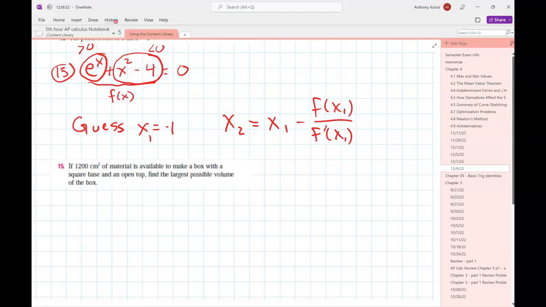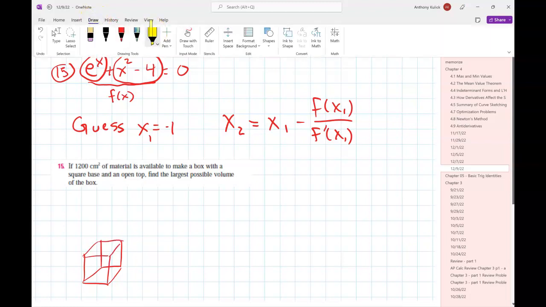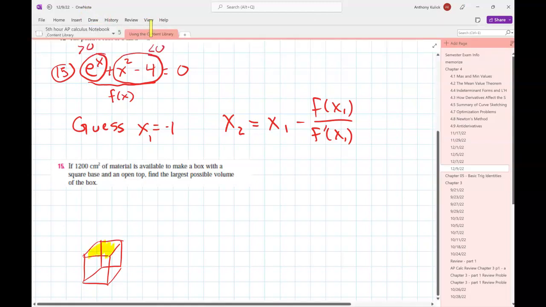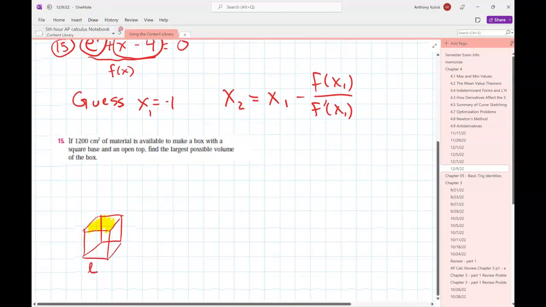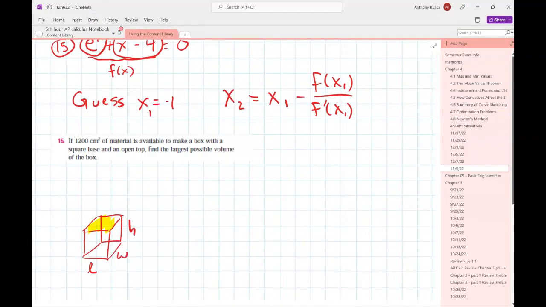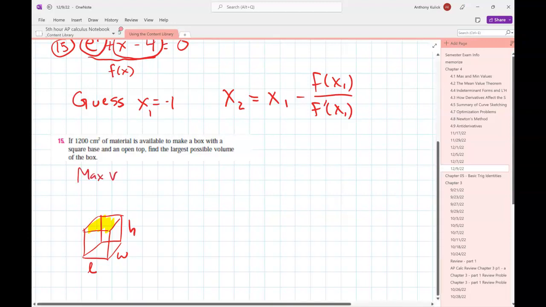So, you know, like if we draw a little picture, you know, that's my picture, but, you know, like the top here is not there, right? So I think length, width, height are the dimensions here. We're maximizing volume.